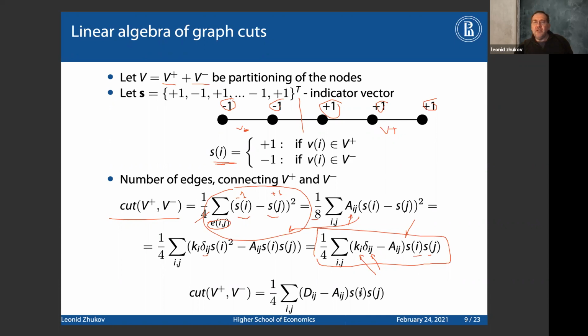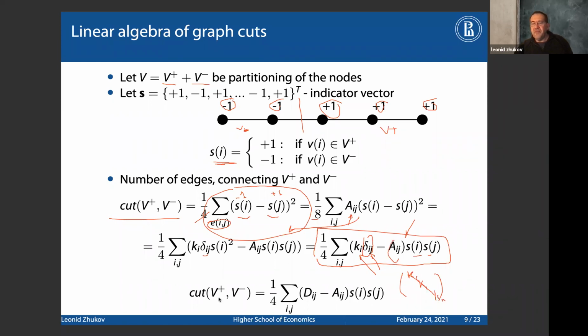Now, if I write delta ij in matrix notation, it is 0 everywhere except on the diagonal, and on the diagonal you have degrees: the degree of one node, the degree of another node, and the degree of the last node.